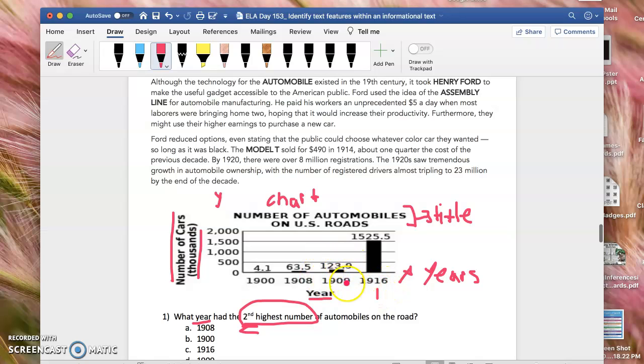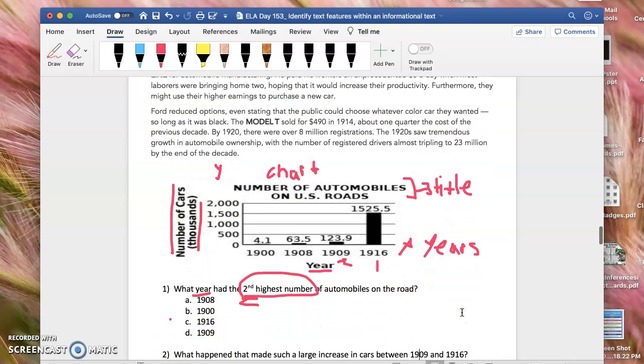The second highest, of course, is 1909 because the rest of them are lower. And so 1909 actually has the second highest number of automobiles. That's very easy when you just literally read the chart and you know what you're looking for. So if you chose 1909, you were correct.